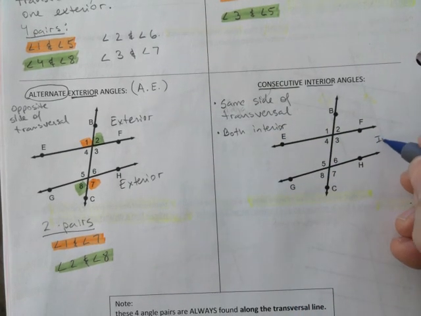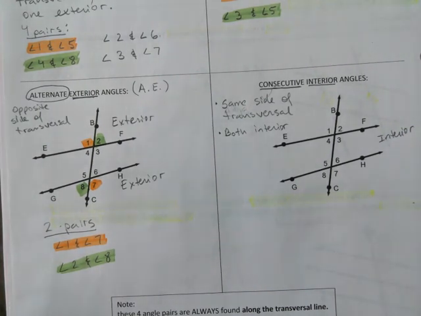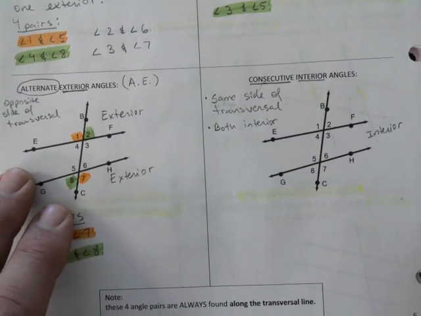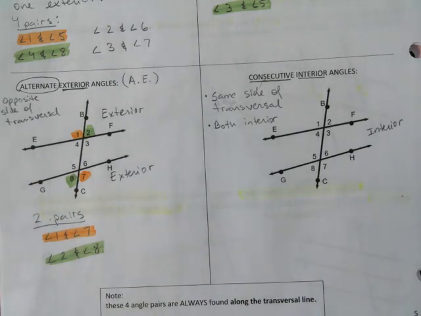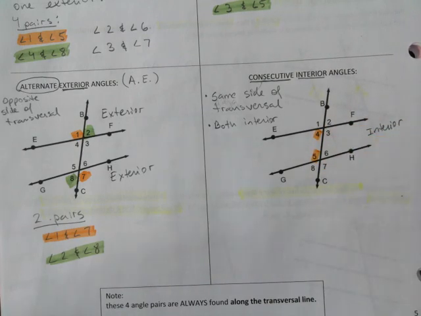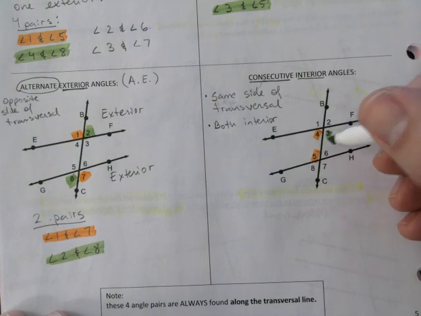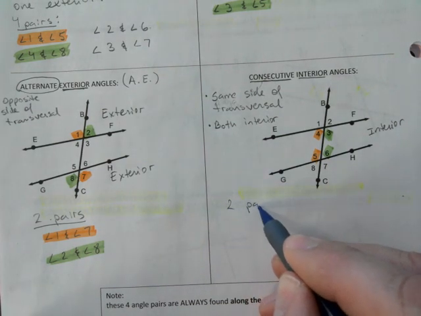So again, let's focus on the interior. And so consecutive interior here would be 4 would be consecutive interior to 5. And 3 would be consecutive interior to 6. So there's no crossing there, on the same side of the transversal, both interior, so 2 pairs.